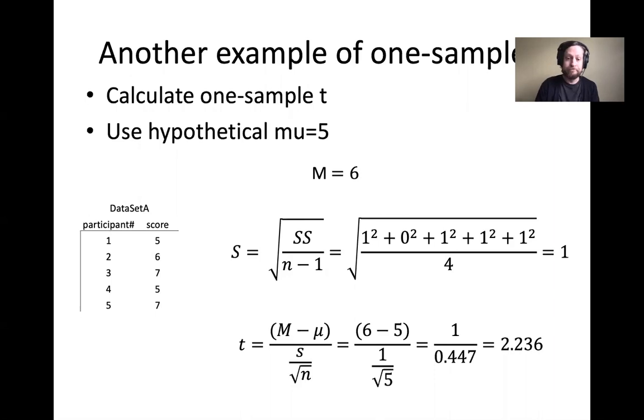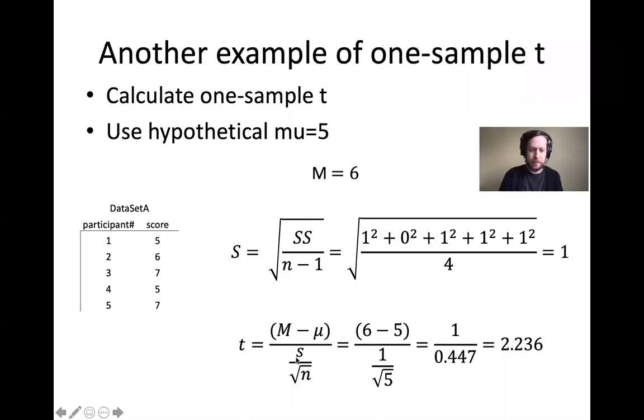The sample standard deviation, which is this symbol right here, which is S. So really, it's exactly the same as the Z formula that we used. M is sample mean, mu is a population mean. We still have a standard deviation here, but now it's the sample standard deviation because we don't know the population standard deviation. We still have the square root of the sample size in the denominator.